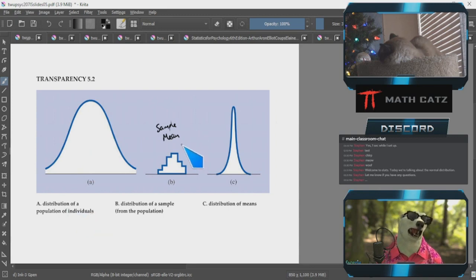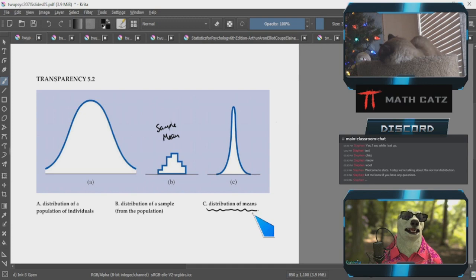But if I'm going to look at evidence in terms of my sample mean, then I have to compare that to the distribution of all possible means I could get of that size, called the distribution of means.